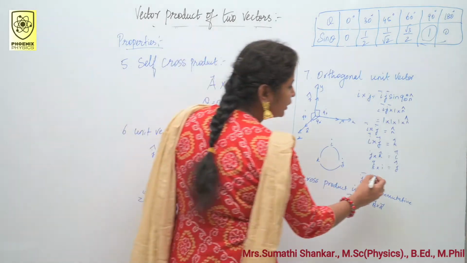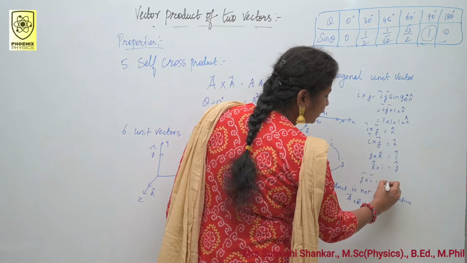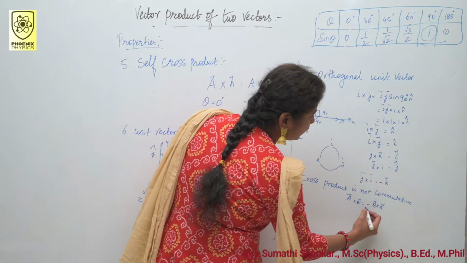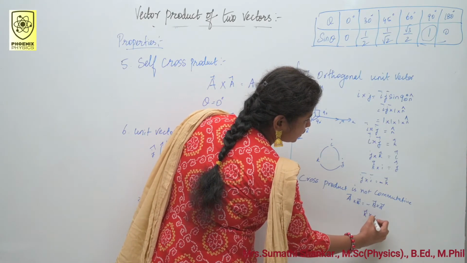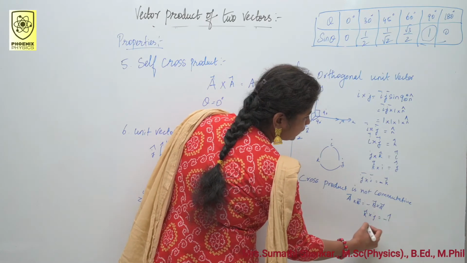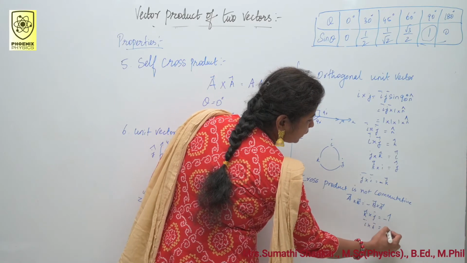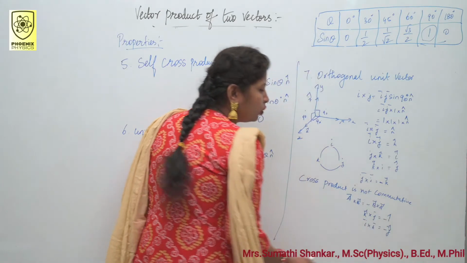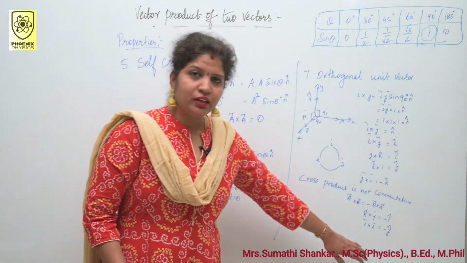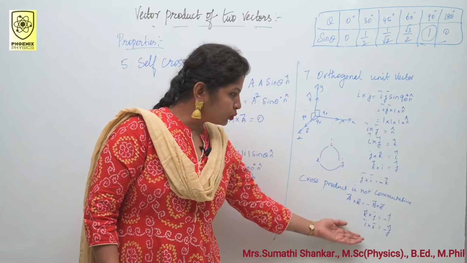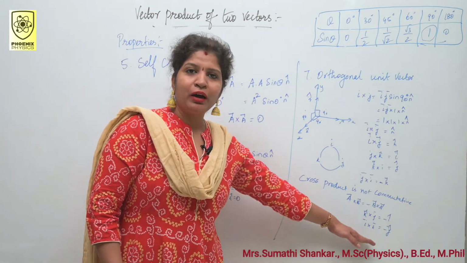It is nothing but minus k vector. Then similarly, k cross j means minus i vector, then i cross k means minus j vector. Why did I write minus? Because cross product is not commutative. That is why I have put the minus sign here.